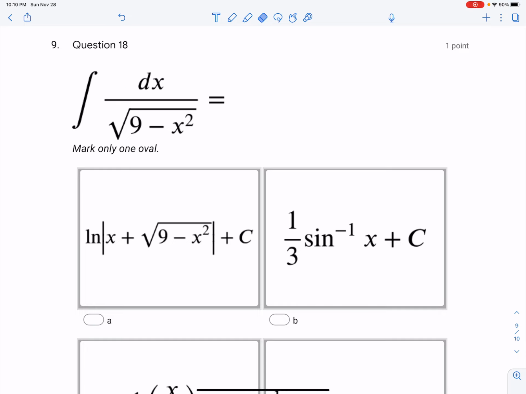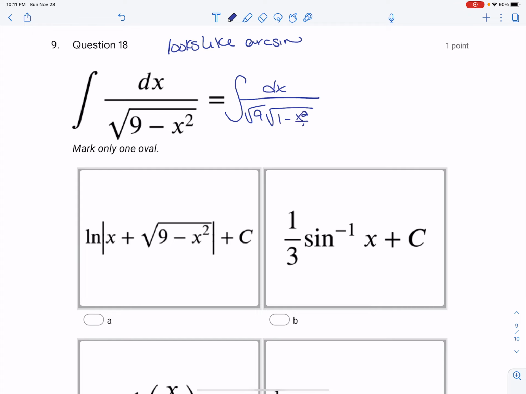Right now there's no x, so this looks like an arc sine. So we're going to make it look like arc sine. So I have a dx. I'm going to factor out a root 9. What does that do? That gives me a 1 minus x squared over 9. So this is dx over 3 root 1 minus x squared over 9.